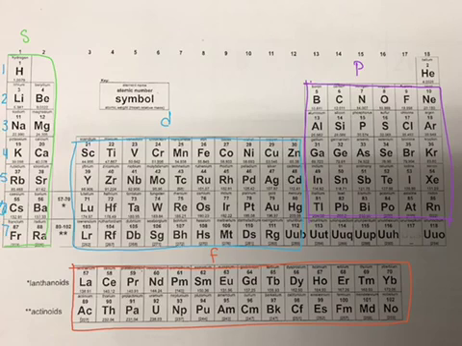So then we need to talk about our different quantum numbers. The next quantum number that we talked about was our angular momentum number, which was represented by the letter L. And this indicates the shape.